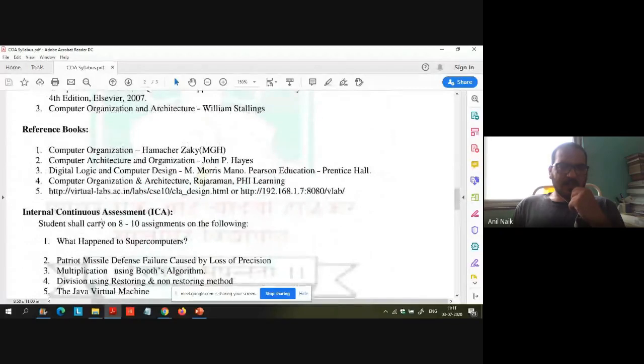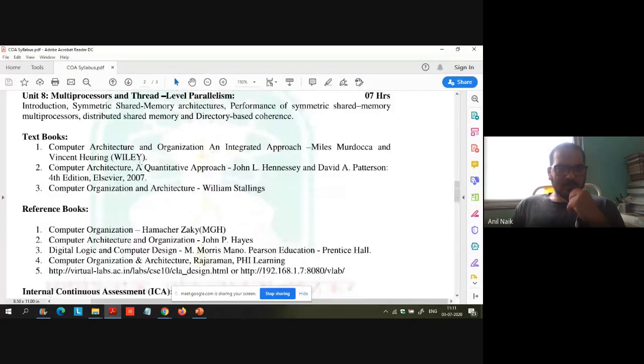That is Computer Architecture: A Quantitative Approach by John Hennessy and Patterson, fourth edition. For the first chapter, all the PPTs are available on Google. This textbook is also available, e-copies are available. And Computer Organization and Architecture, so this also you can refer for the topics of the second section.